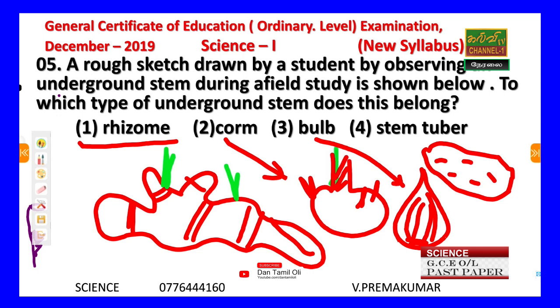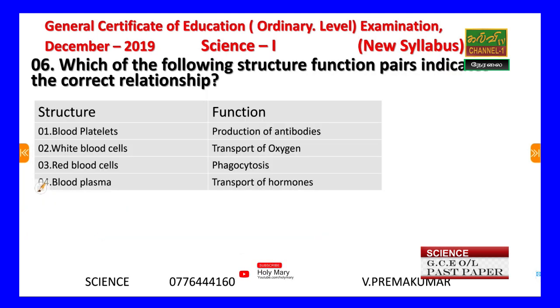This one also develops a new plant, and here also it is possible. Onions, everyone knows, also can produce a new plant. Potato also, when you store it at your home, will grow automatically. Okay, now the answer is rhizome.